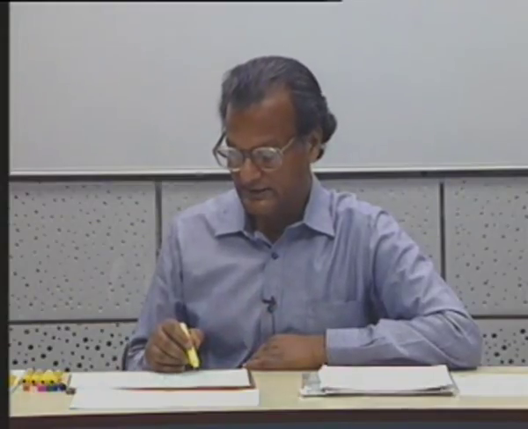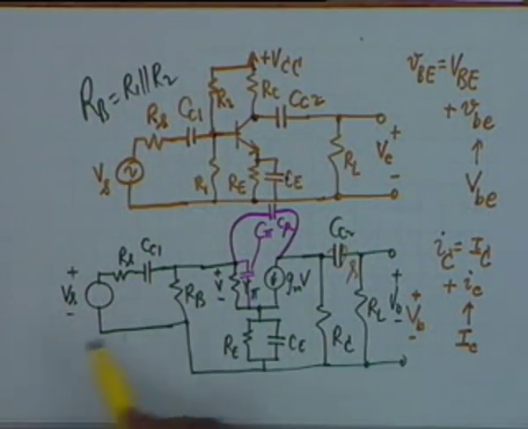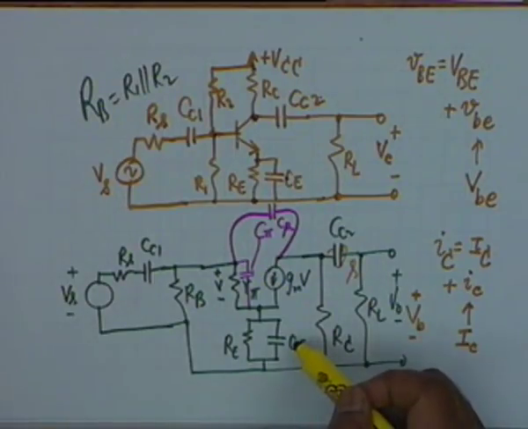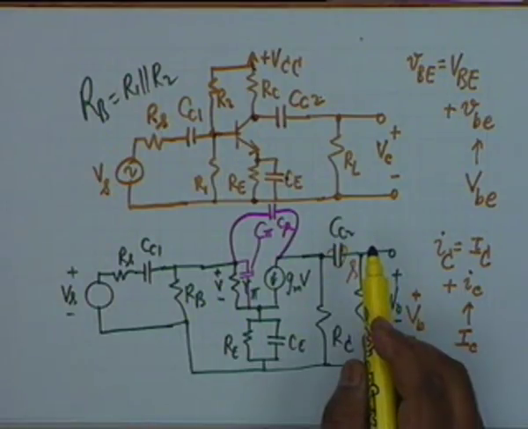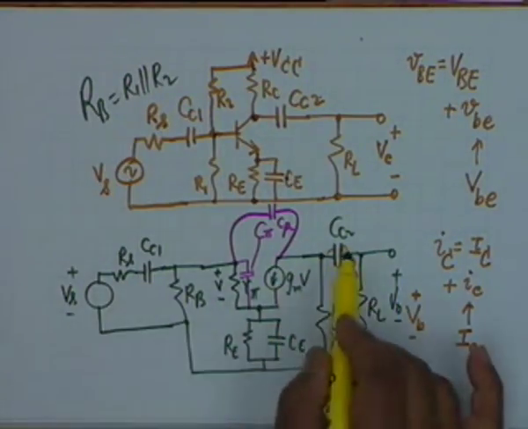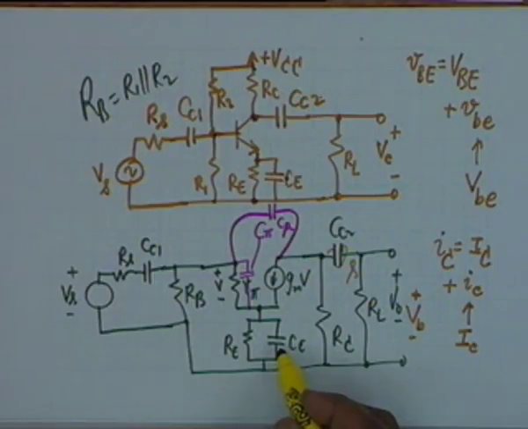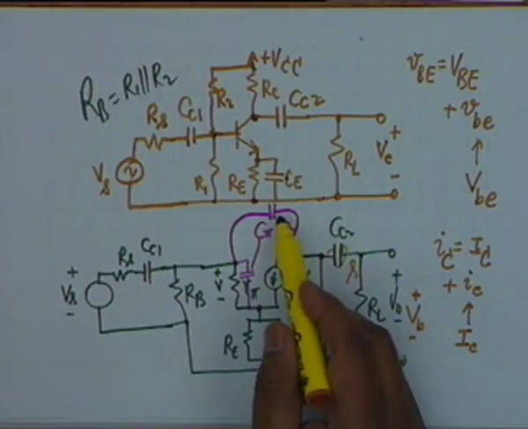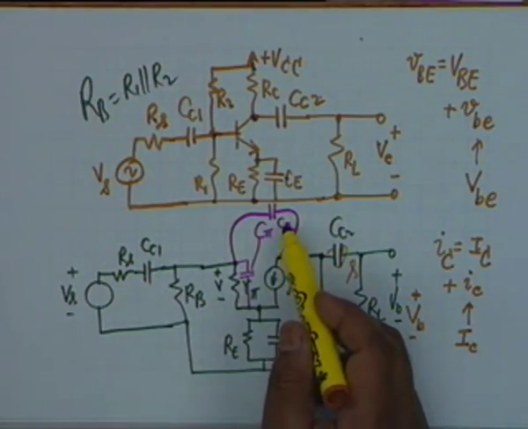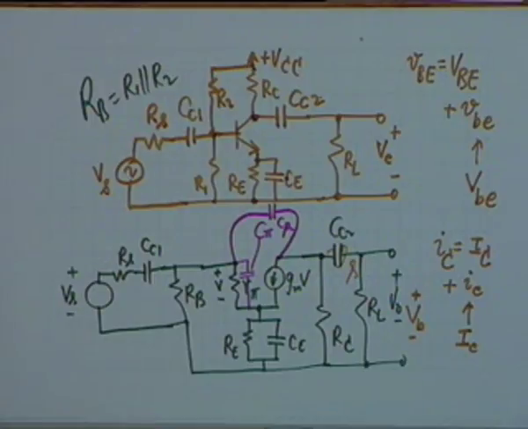These are frequencies at which the effect of capacitances can be ignored, which means that CC1, CC2 and CE, the two coupling capacitors and the emitter bypass capacitor, all three act as short circuits. And the internal capacitances, C mu and C pi, which are very small, act as open.